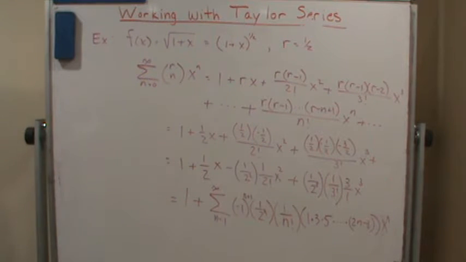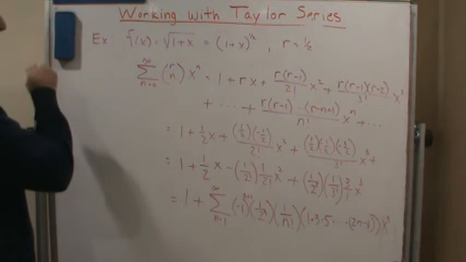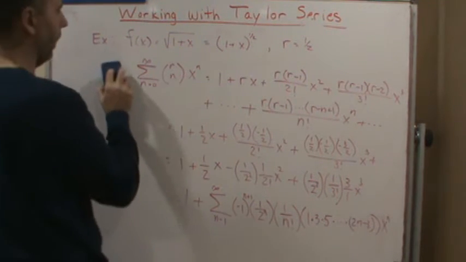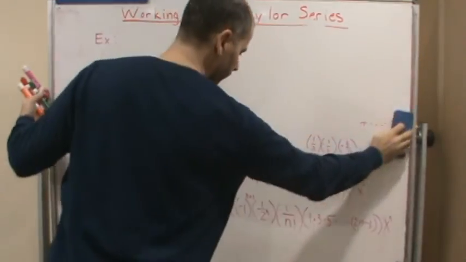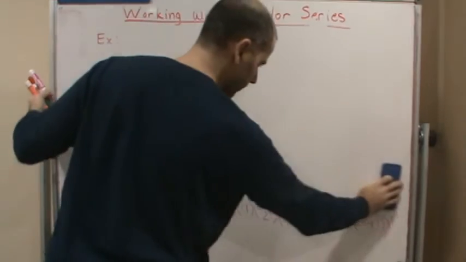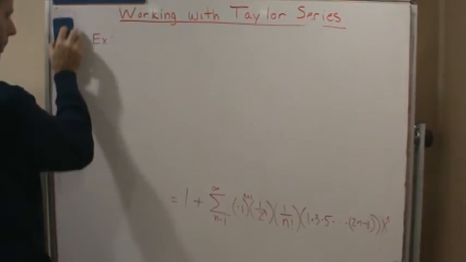Okay, so now that we have what this looks like, we want to estimate the square root of 1.5. Let me erase everything up to this part.